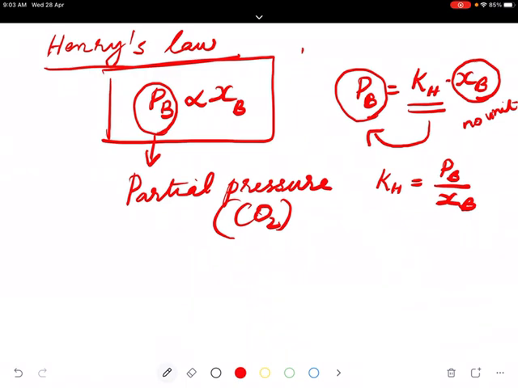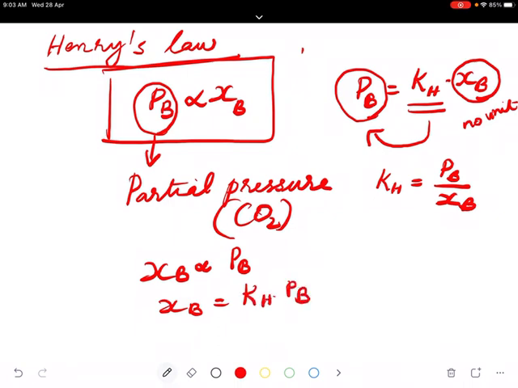The partial pressure of a gas in vapor phase is proportional to the mole fraction of the gas in the solution. Now PB is proportional to XB, that is Henry's law format. We can say XB is proportional to PB. So here again XB is equal to KH into PB.